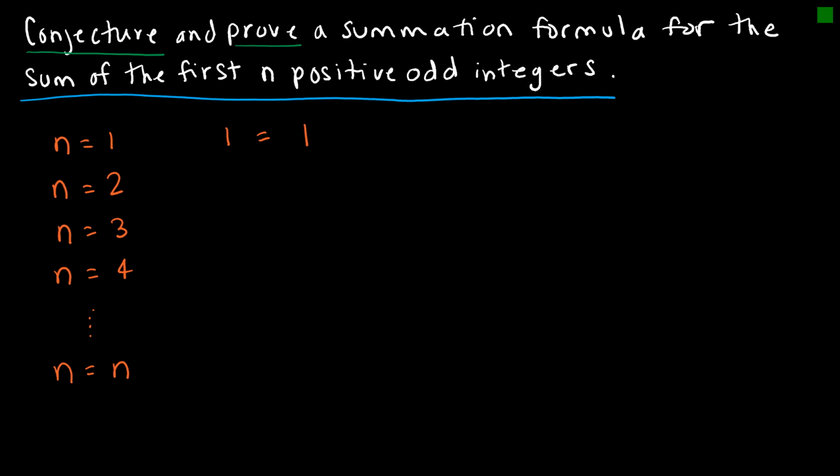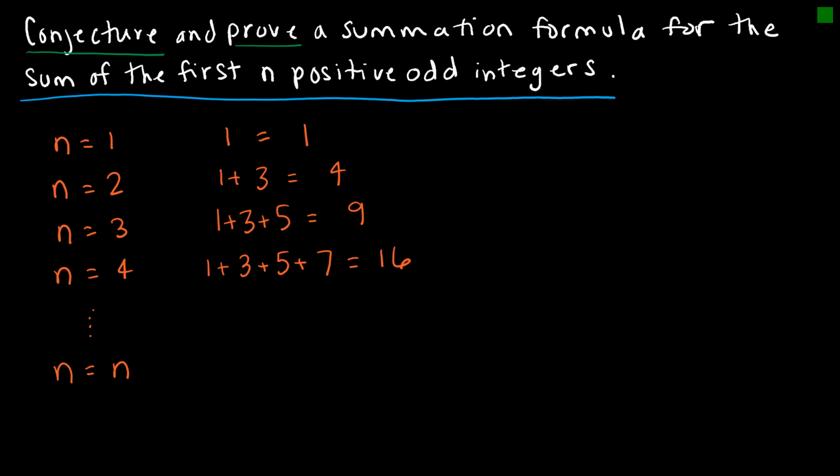For 2, that means the first two positive odd integers, so that's 1 plus 3, and 1 plus 3 is 4. For n equals 3, that means 3 integers, 1 plus 3 plus 5, which is 9. For 4, it's 1 plus 3 plus 5 plus 7, which is 16.